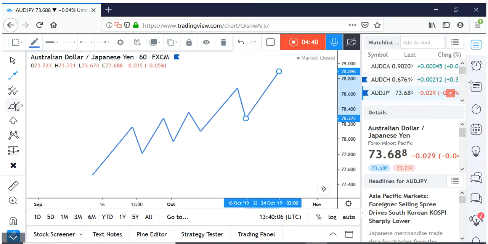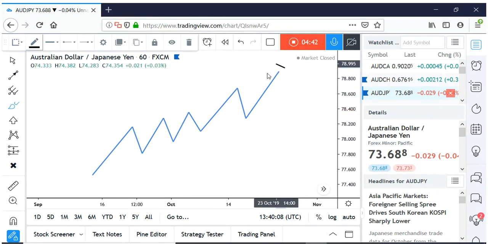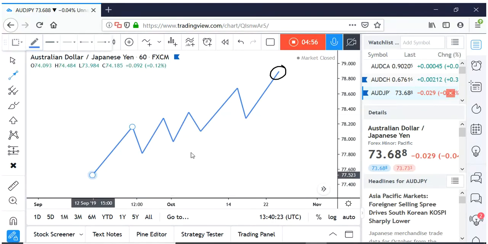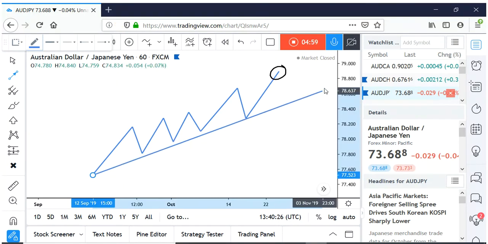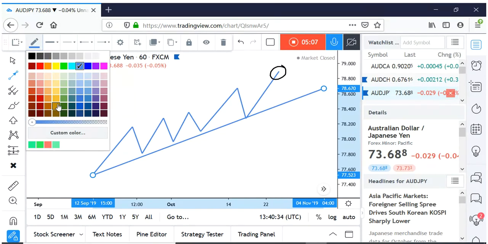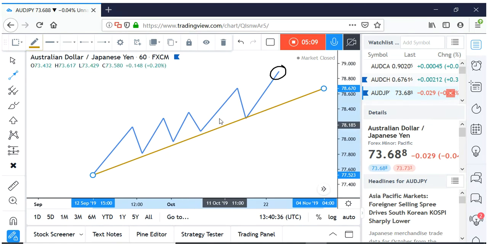So when it gets to here, the banks, the bank traders or the big hedge funds, the market movers, know for sure that by the time the market has moved from here to where it is now, there are loads of traders taking this uptrend.